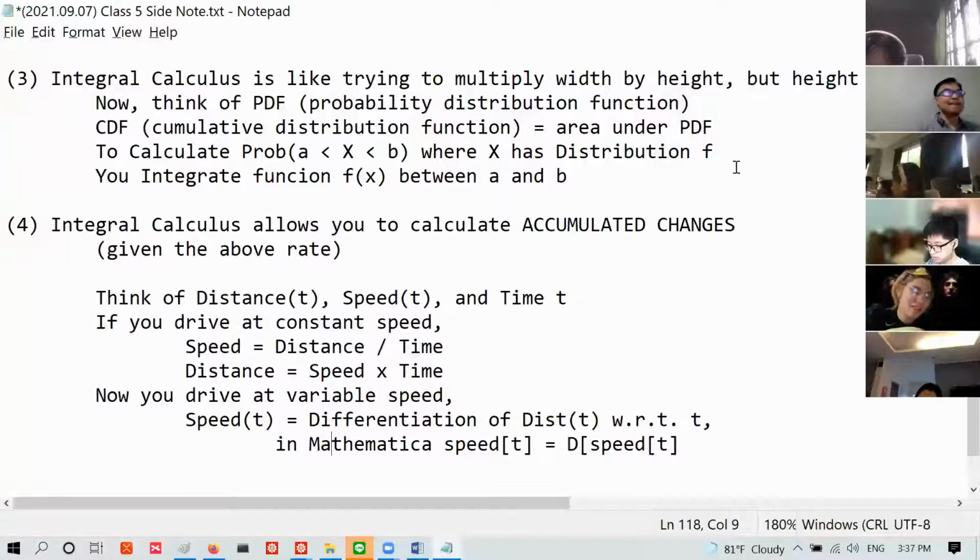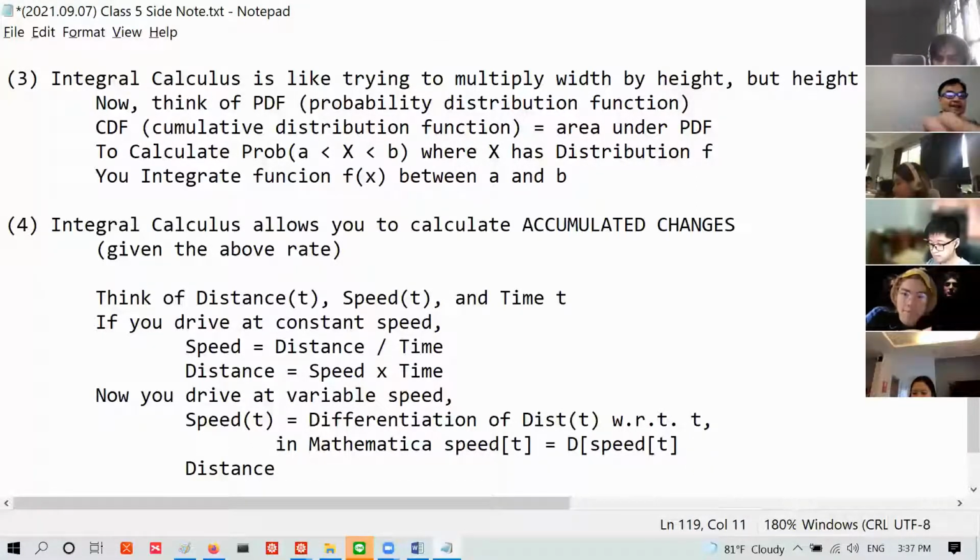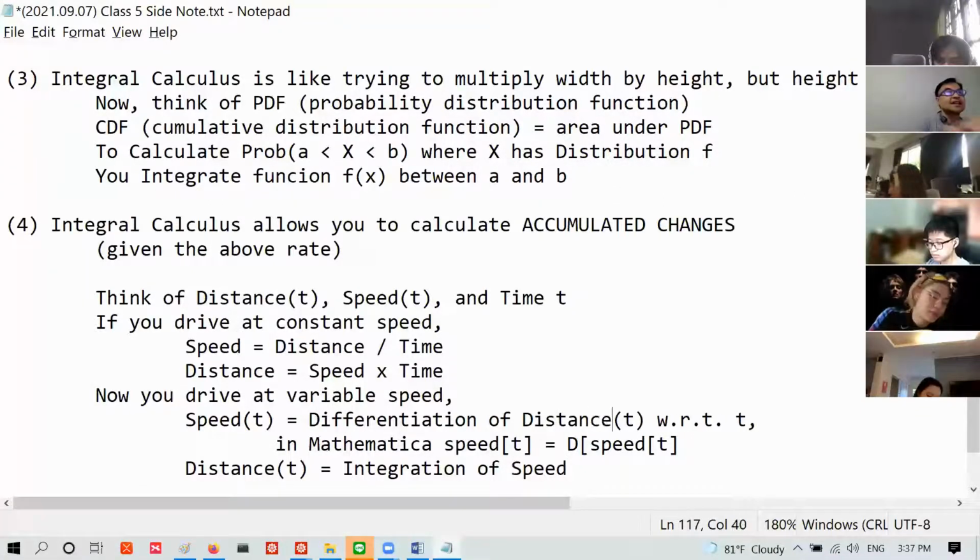Now, on the other hand, distance of t is equal to the integration of speed with respect to time.